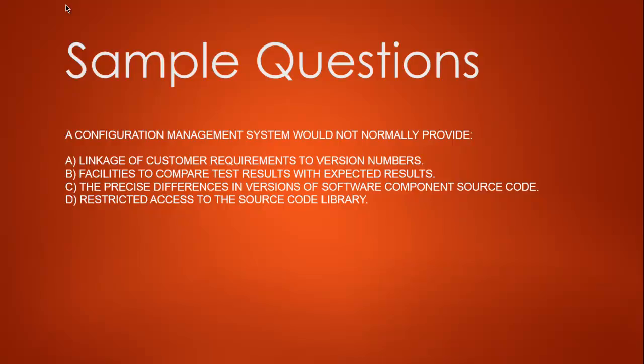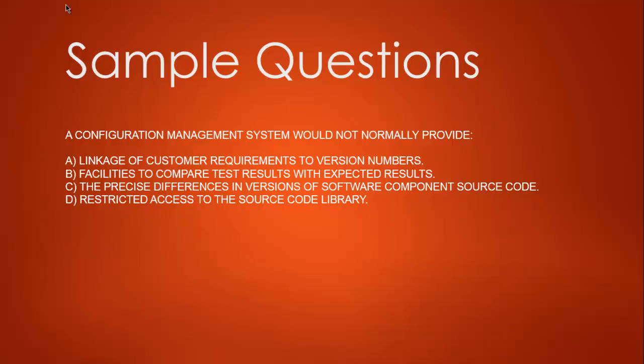Option A, linkage of customer requirement to version number. B, facilities to compare test results with expected results. C, precise difference between version of software component source code. D, restricted access to the source code library.